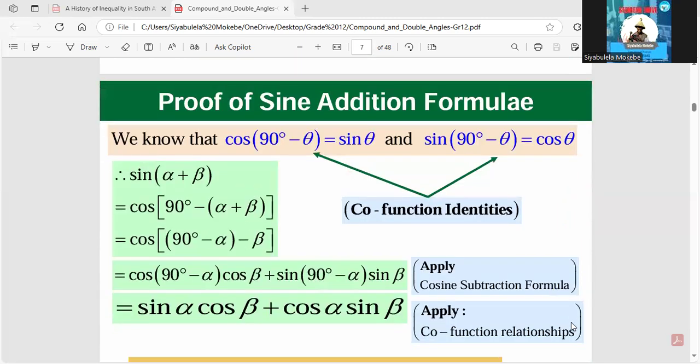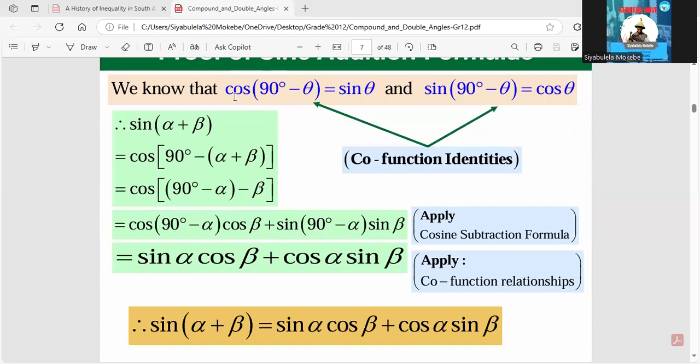Then for sine, we know that cos(90 minus beta) is equal to sin beta, and sin(90 minus theta) is equal to cos beta. Therefore, if we have sin(alpha plus beta), we can write it as cos(90 minus (alpha plus beta)). This we can write as cos((90 minus alpha) minus beta).